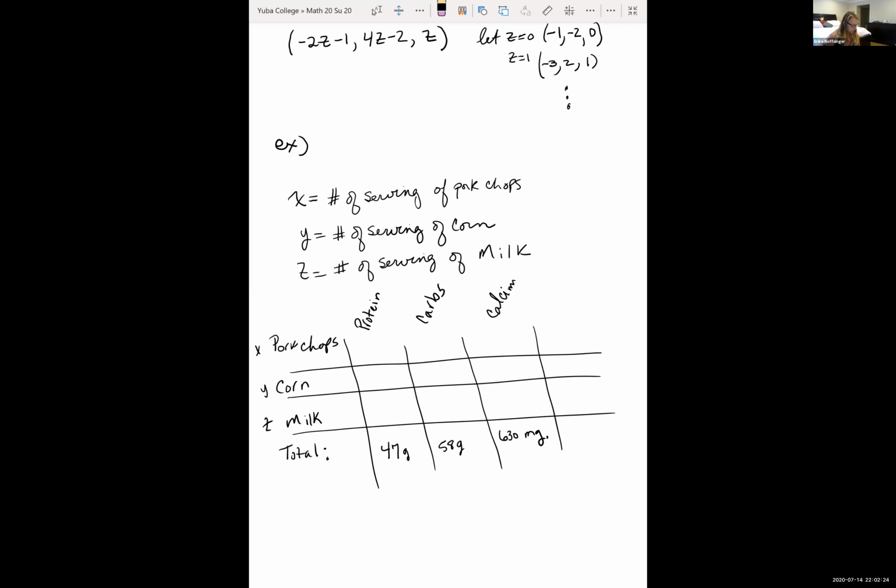And so going through pork chops, they have 23 grams of protein, 0 grams of carbohydrates, and 10 milligrams of calcium. Corn on the cob has 3 grams of protein, 16 grams of carbs, and 10 grams of calcium.